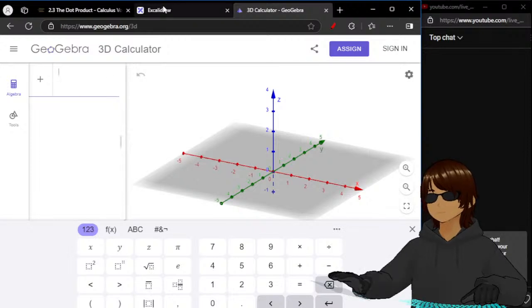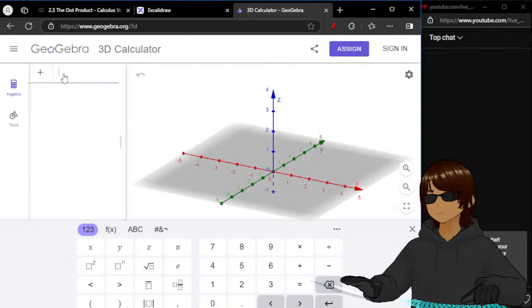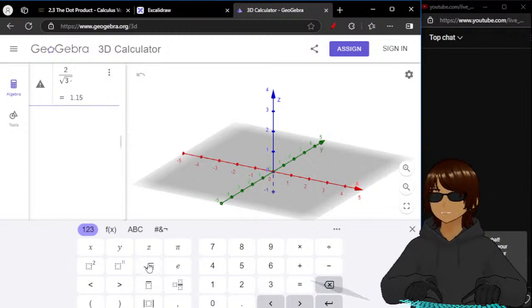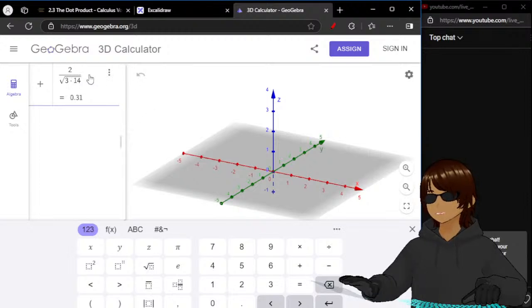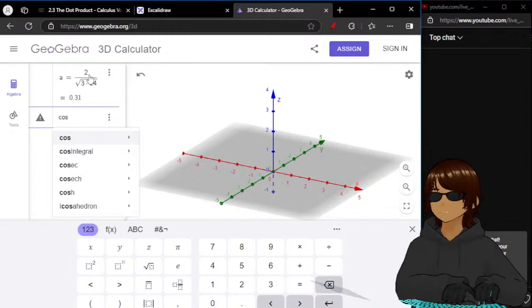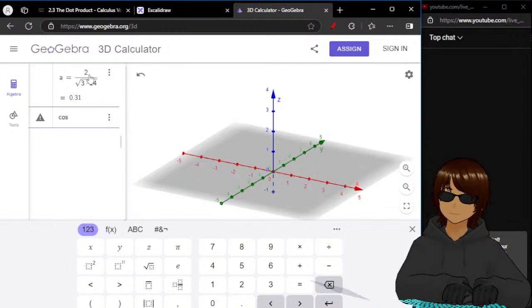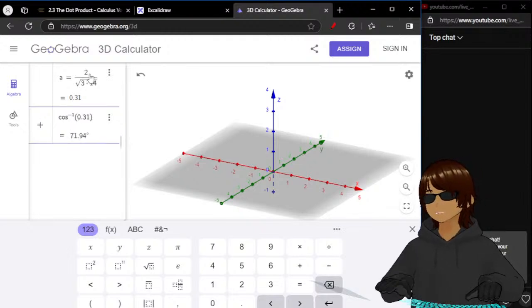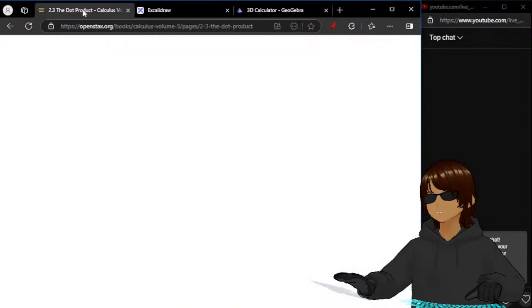So we have 2 over root 3 times root 14, 0.31, and then cos inverse of 0.31 is 71.94 degrees.